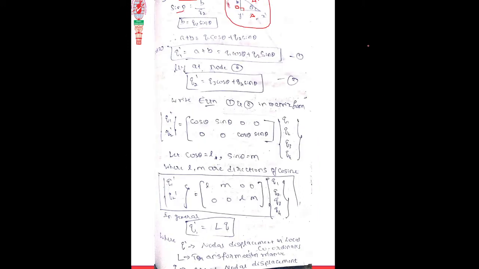This is parallel to here, so B. And this is the hypotenuse. This distance I call Q2. Therefore sine theta is opposite by hypotenuse. Opposite is B, hypotenuse is Q2. Therefore B becomes Q2 sine theta.